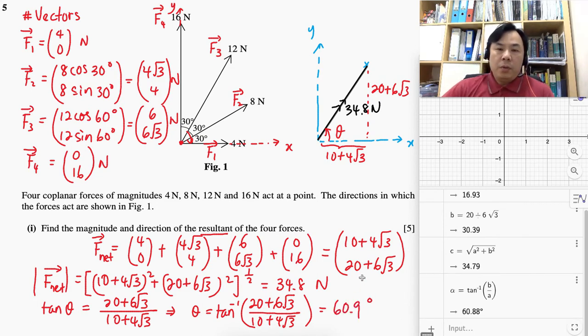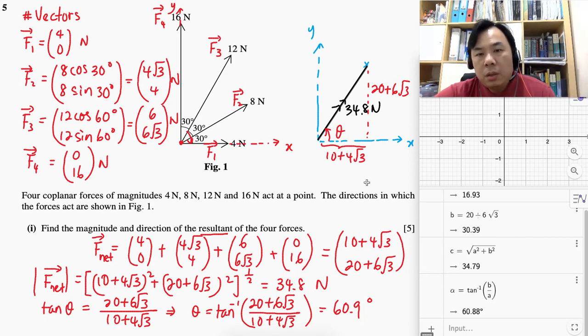Therefore, finally, you can conclude that the direction of the resultant force makes an angle of 60.9 from the horizontal. I hope that is clear for this question. Now, that is one way to attempt it.